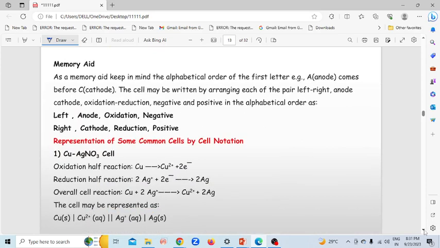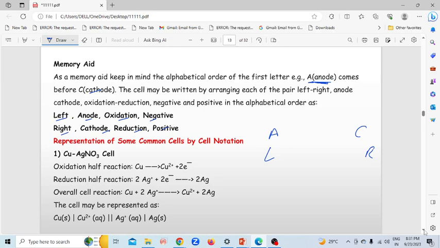Okay, so these are some memory aids. Left side: anode, oxidation and negative. Right side: cathode, reduction and positive. Generally you write the anode first, because A comes first in the alphabet also. So anode first, then cathode, then left, right.